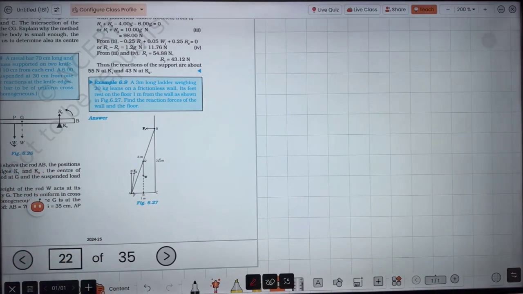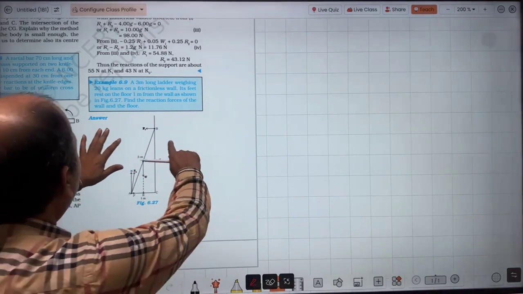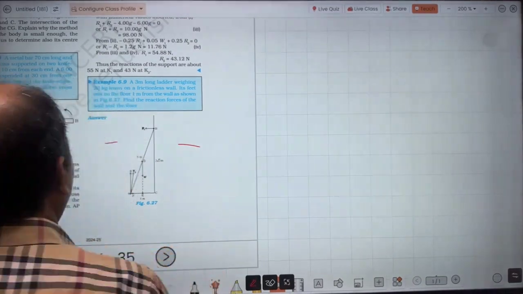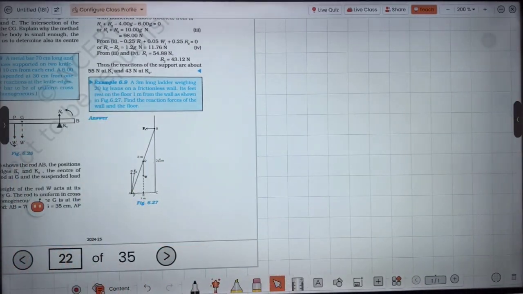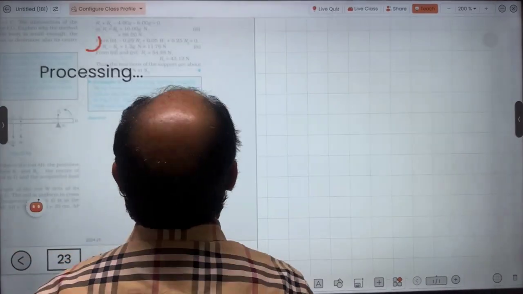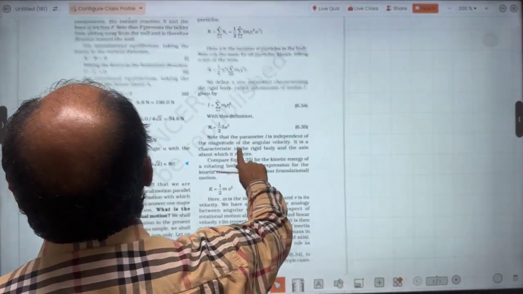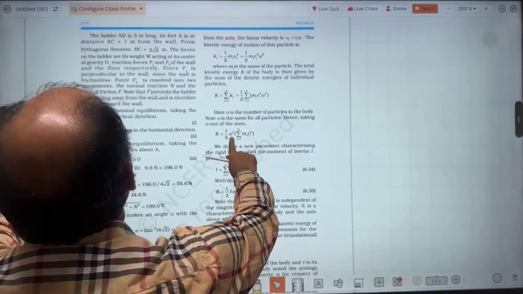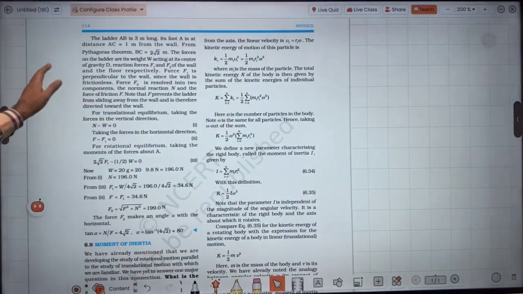So reaction forces are to be found. So N, F1, F2. So this is F2, this is F1 are to be found. So let's proceed how to evaluate it. So evaluation is again simple.